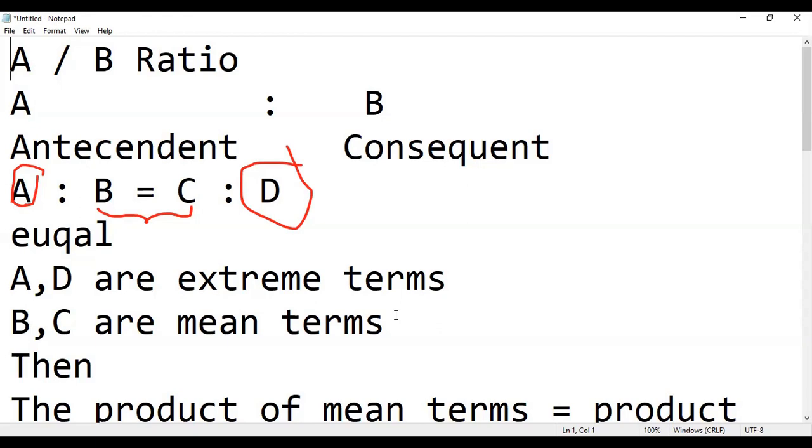B comma C are called mean terms. That is BC is equal to AD.